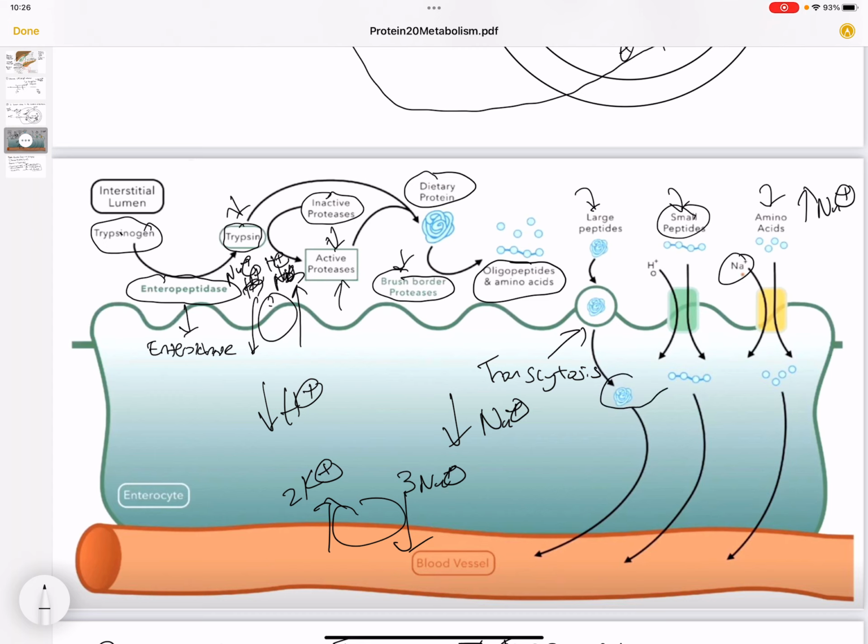So now that we have all of these smaller components of our protein, they can diffuse to the blood vessel and then go to our liver for protein synthesis. This is going to be the hepatic portal vein, which is going to take these to the liver where we can use them for protein synthesis.